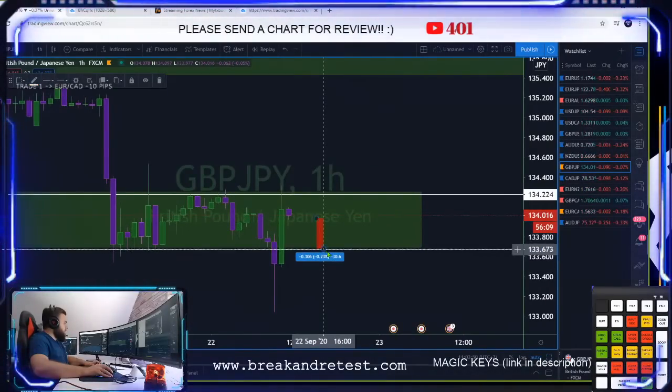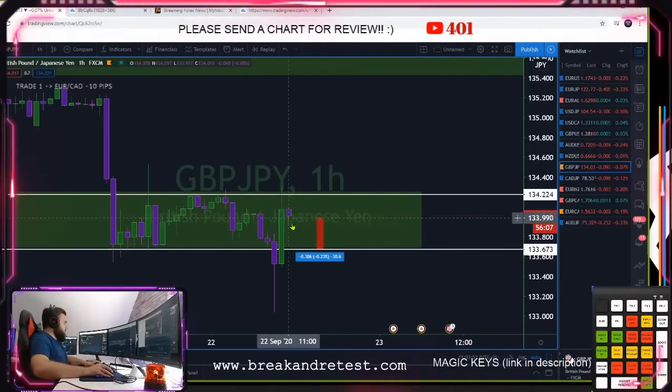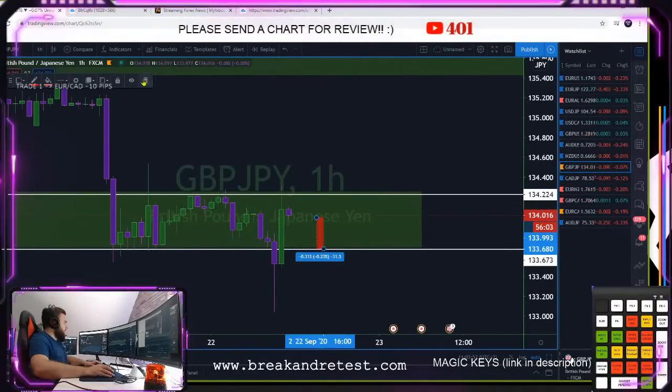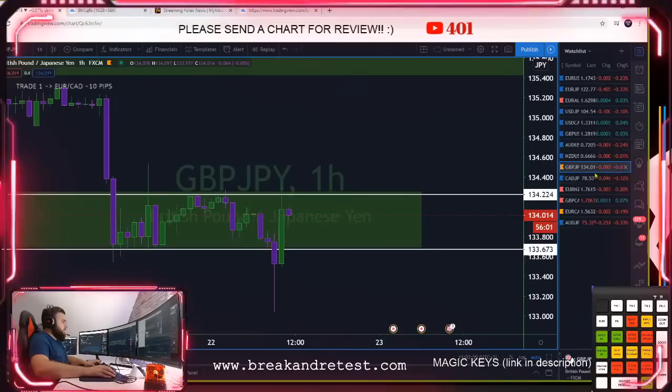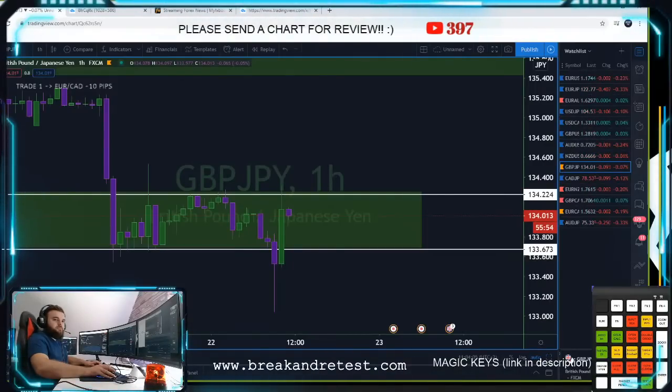It's a 30 pip range, so if price drops all the way down here, that's a 30 pip move. It's pretty big, and I don't know if it's going to be safe since everything was caused by the news. It's going to be risky to trade it.